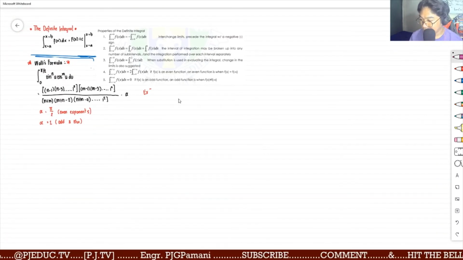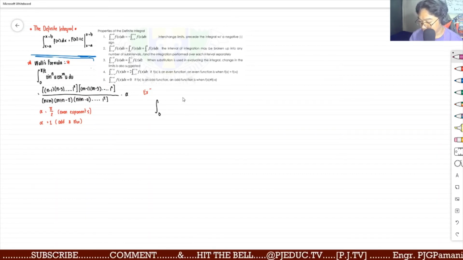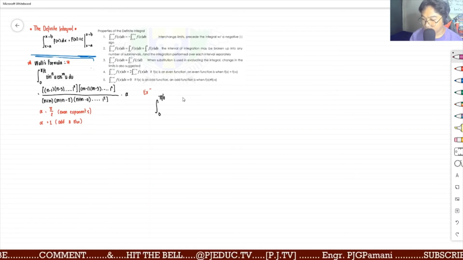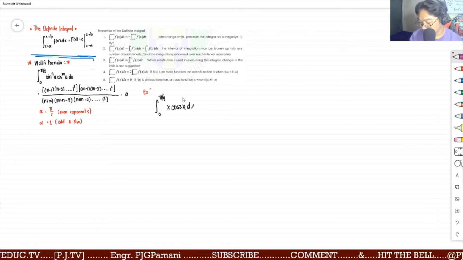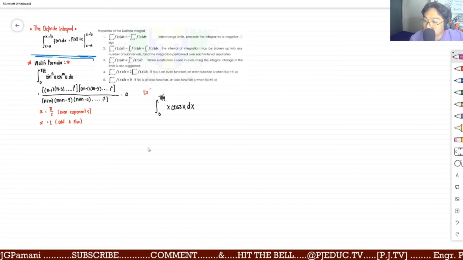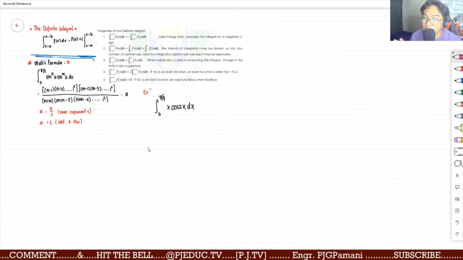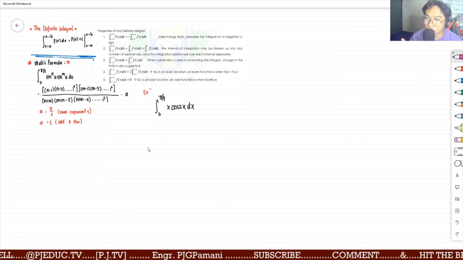So what if now you're asked to evaluate the definite integral having limits of 0 to pi over 2 of x cosine 2x dx. Okay? How are you going to solve that? Sir, Wallis formula. Nakita mo lang yung limits is 0 to pi over 2 tapos cosine na integral function.